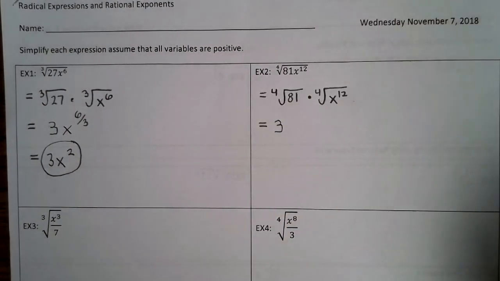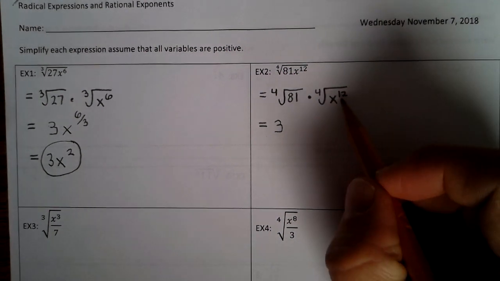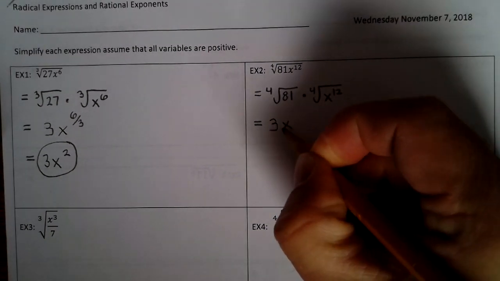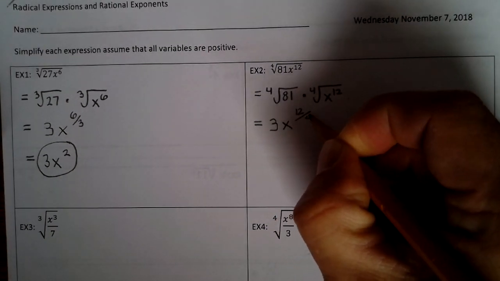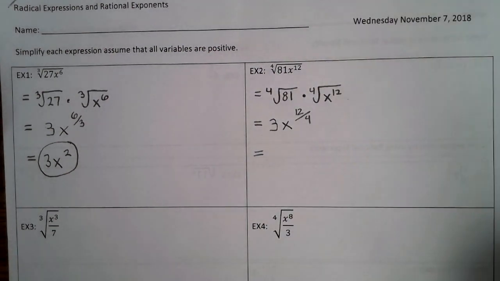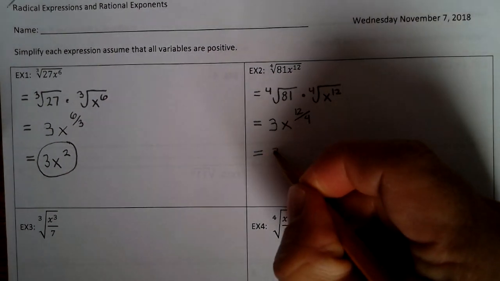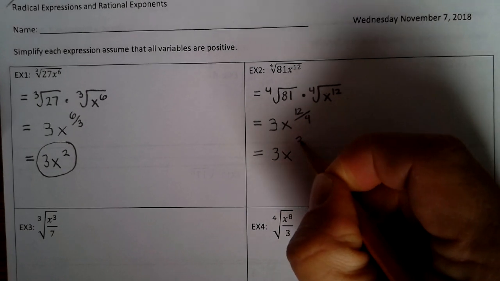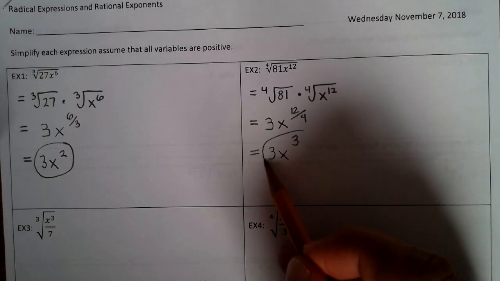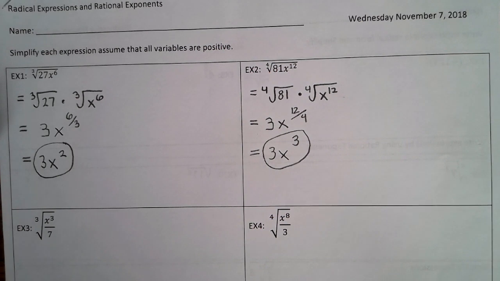And then this would be x to the 12 divided by 4. So this would be 3x cubed. All right, so finish up example 1 and example 2.